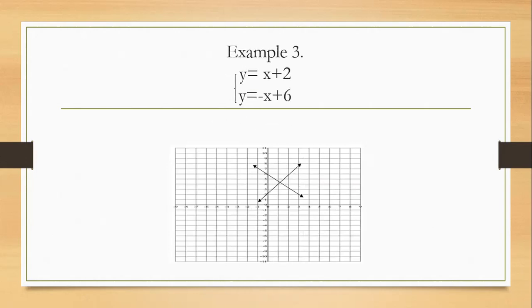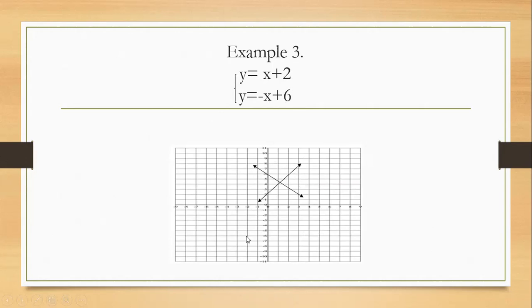For the third example, y equals x plus 2 and y equals -x plus 6. What is our slope here? It's +1. How about on the second one? It's -1. The y-intercept for the first is +2 and the y-intercept for the second is +6.